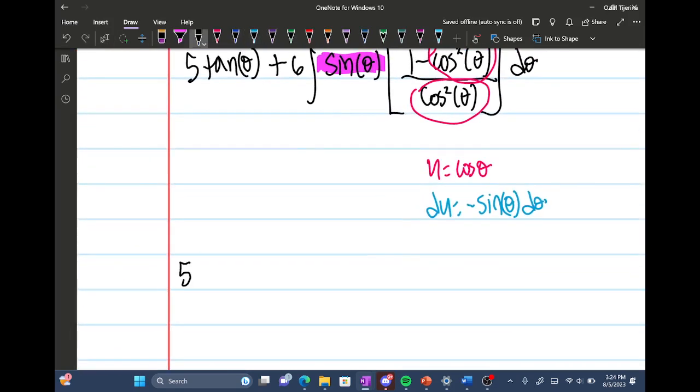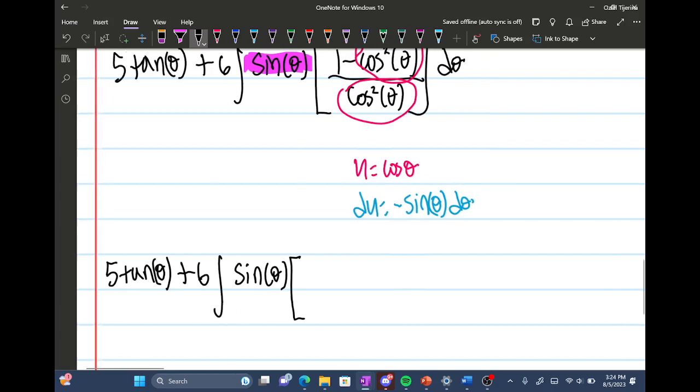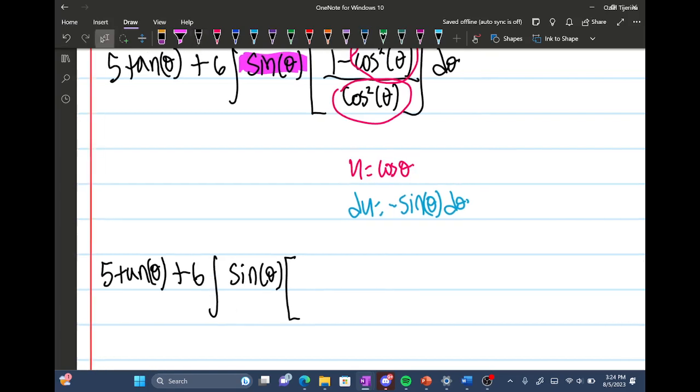The 5 tan theta just stays like that, plus 6 times the integral of sine theta, and then times, we substitute u for cosine theta, so 1 minus u squared over u squared.